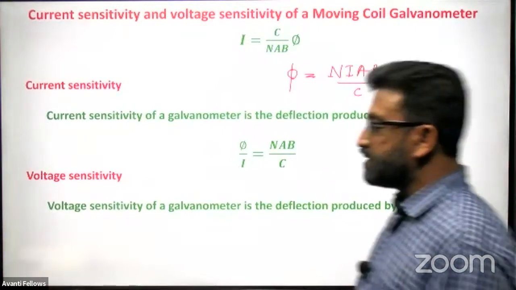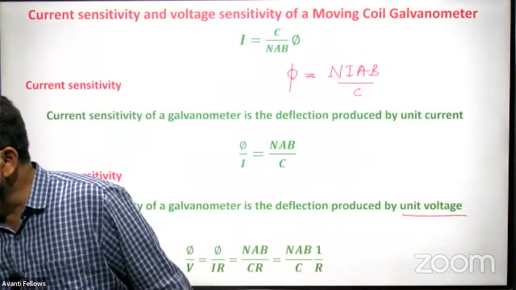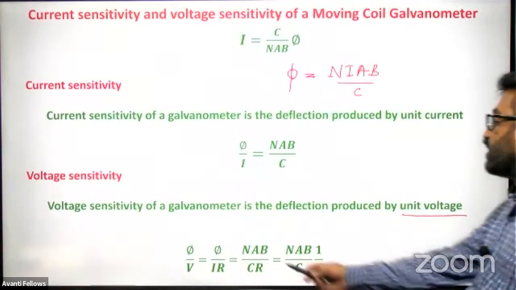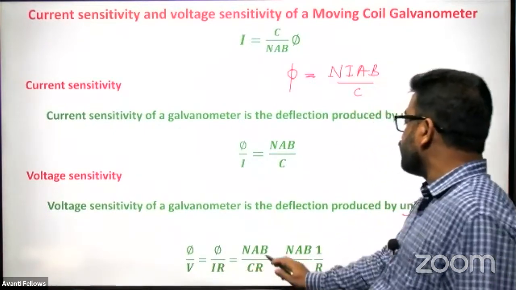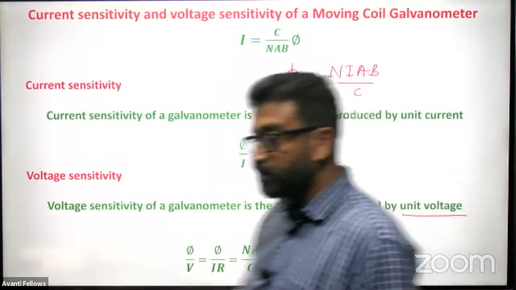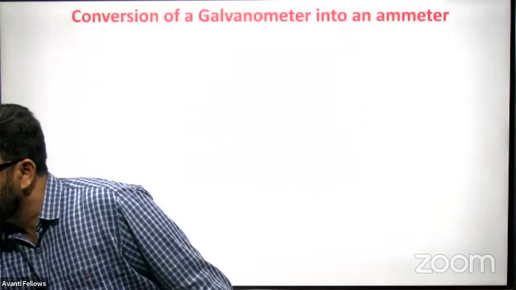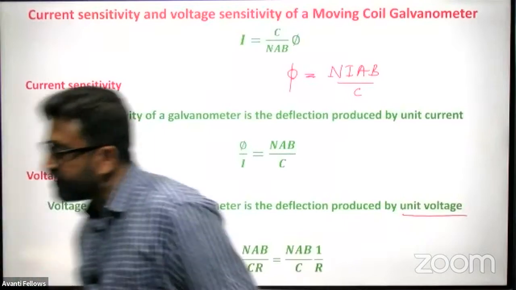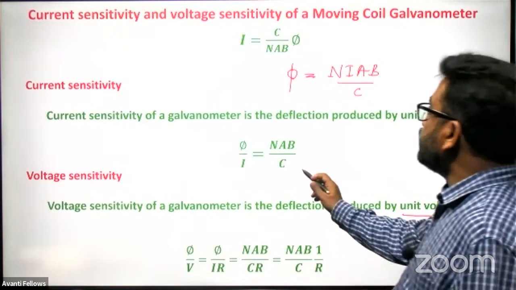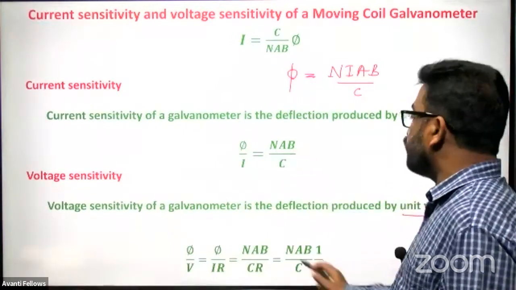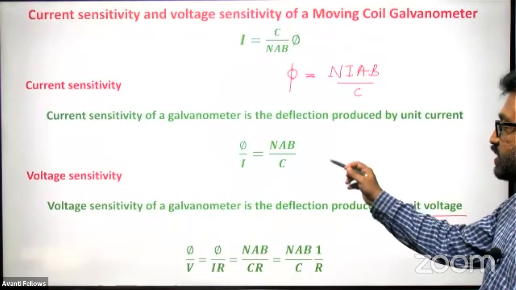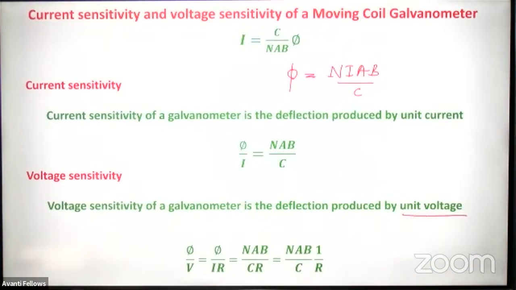The equation for voltage sensitivity is phi by V, and phi by V can be written as I multiplied by R. Substituting the values, we get NAB by C into 1 by R. Current sensitivity is phi by I, that is NAB by C. Voltage sensitivity is NAB by C into 1 by R. So if you divide current sensitivity by the resistance, you will get voltage sensitivity.